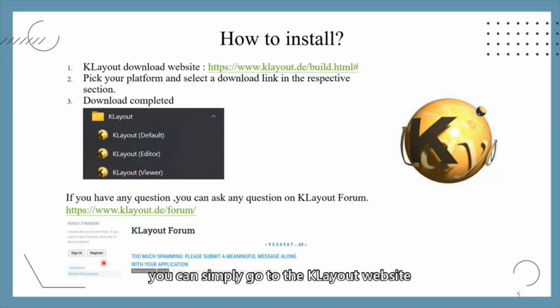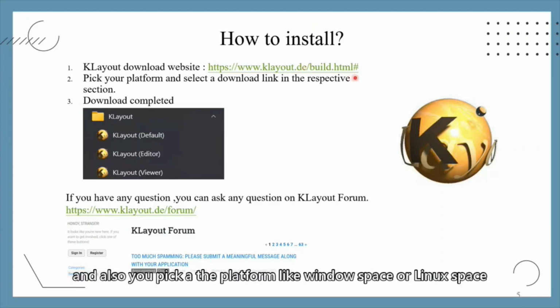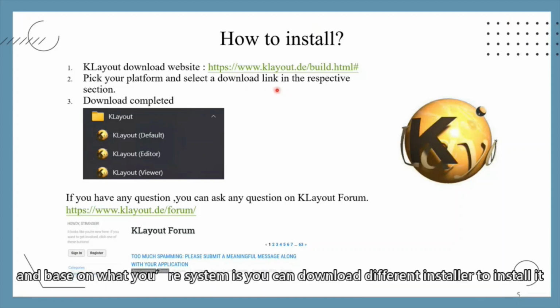You can simply go to the K-layout website with this link, and also you pick a platform like Windows-based or Linux-based, and based on what your system is, you can download the different installer to install it.